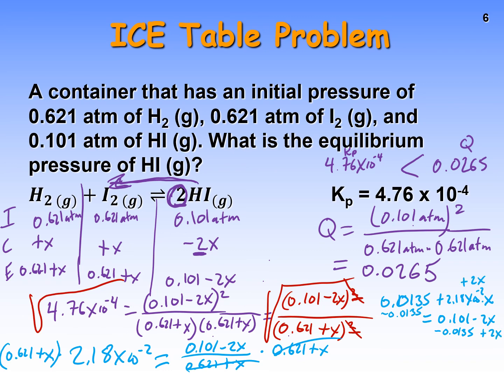This will give me a new expression, which will be 2.0218x is equal to 0.0875. And last but not least, I can solve for x. This will give me x, not my final answer, of 0.0433 atm. Now I'm not technically done here.